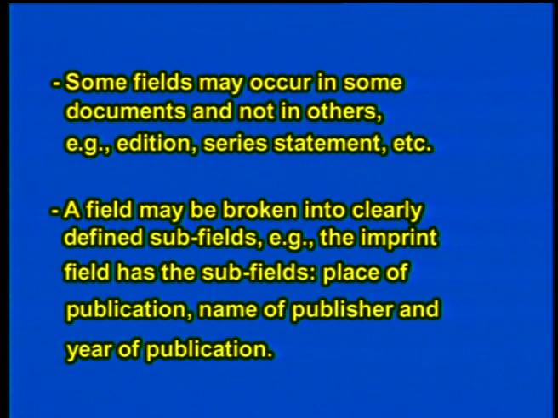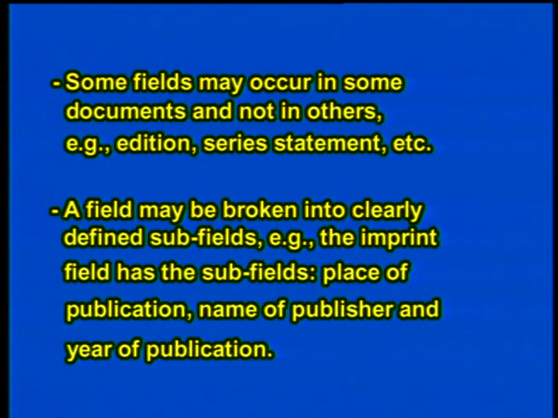Another very important peculiarity of bibliographic records is that some fields may occur in some documents, but not in others. For instance, edition. All books do not have an edition, they will have an edition only if it is other than the first edition. So, you can have a second edition, third edition, fourth edition and so on. Similarly, a series statement is something that may occur in some documents, may not occur in some other documents.